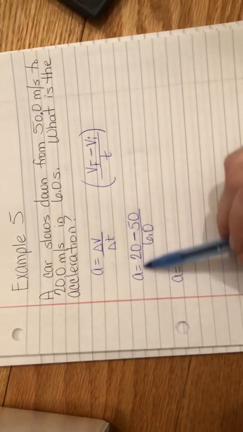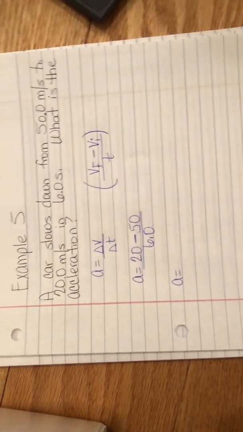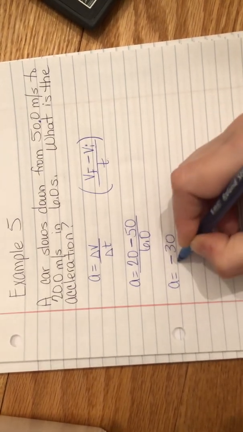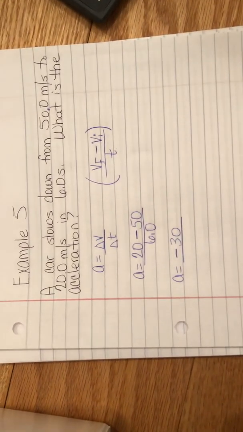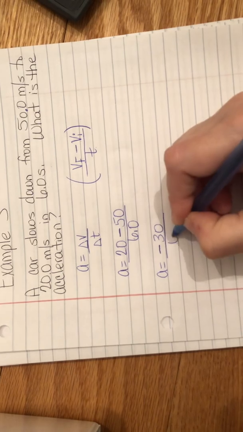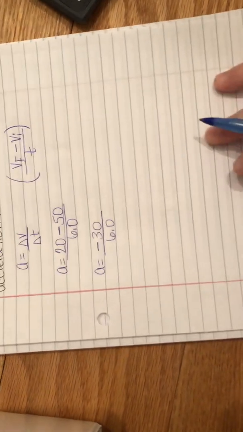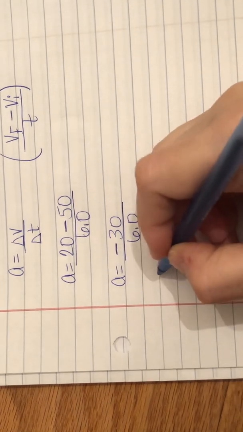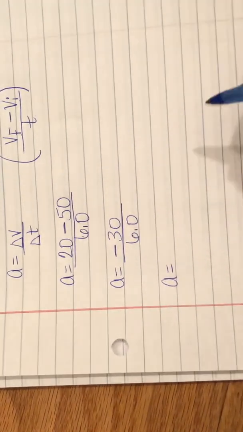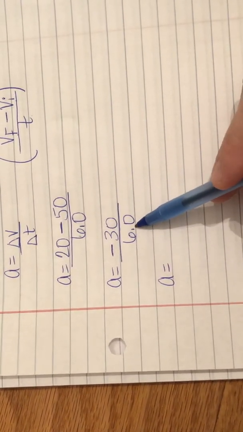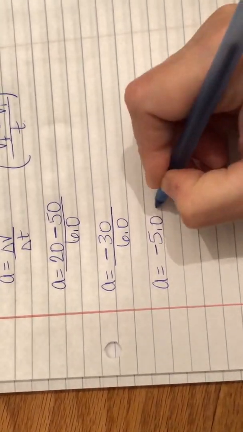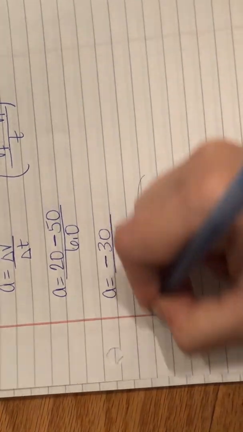So now you gotta do the math and say 20 minus 50, not trying to trick you. 20 minus 50 is negative 30. If you take 50 away from 20, you get negative 30 divided by 6.0. You should be able to tell what that is without using a calculator, but if you can't, negative 30 divided by 6 is negative 5.0 meters per second.